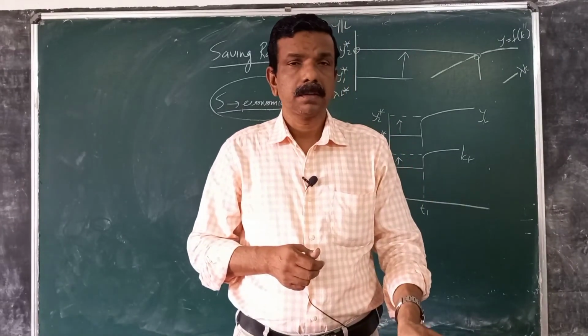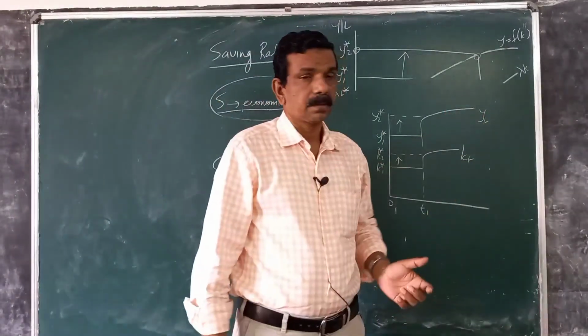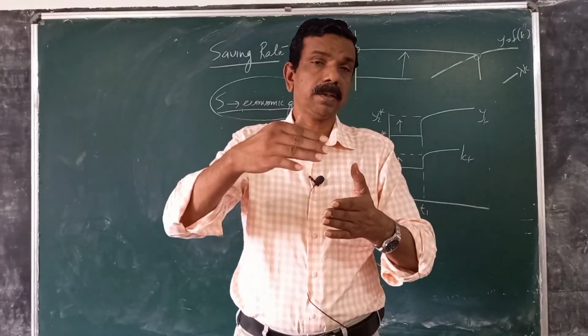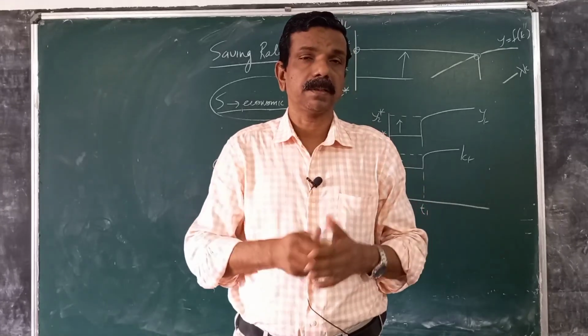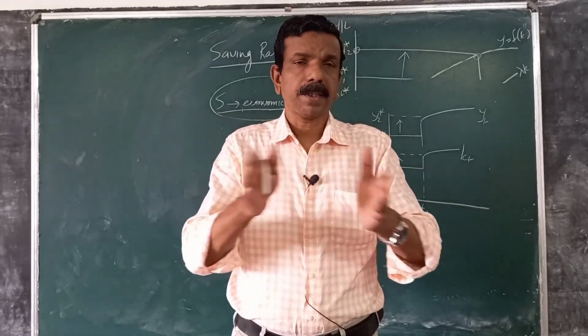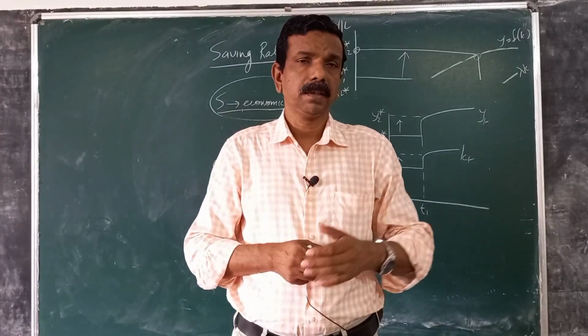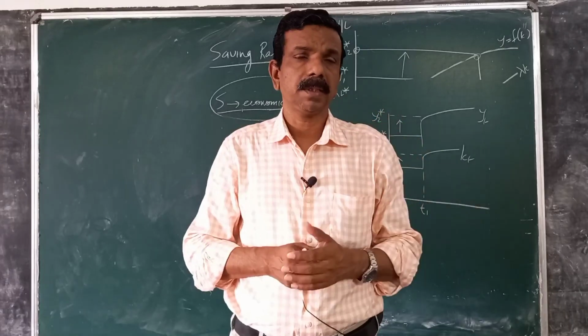And this is all about the saving rate on steady state. The steady state value of k by L and y by L depends on the saving rate. And you can explain differences in per capita income and standard of living in terms of differences in saving rate between countries.